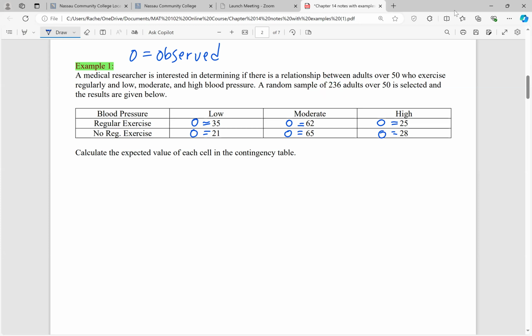If we were to sum up all these rows and columns, we should get 236 as our total, right? Sometimes it's nice to get the row total and the column total, which I'll just add right here. Sometimes it'll be given, sometimes it won't, but we could easily just add these in here.